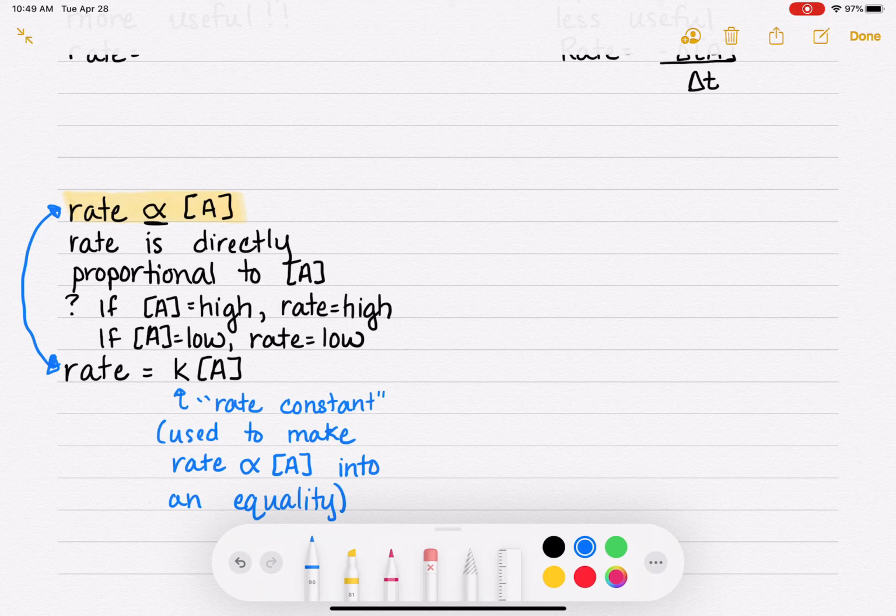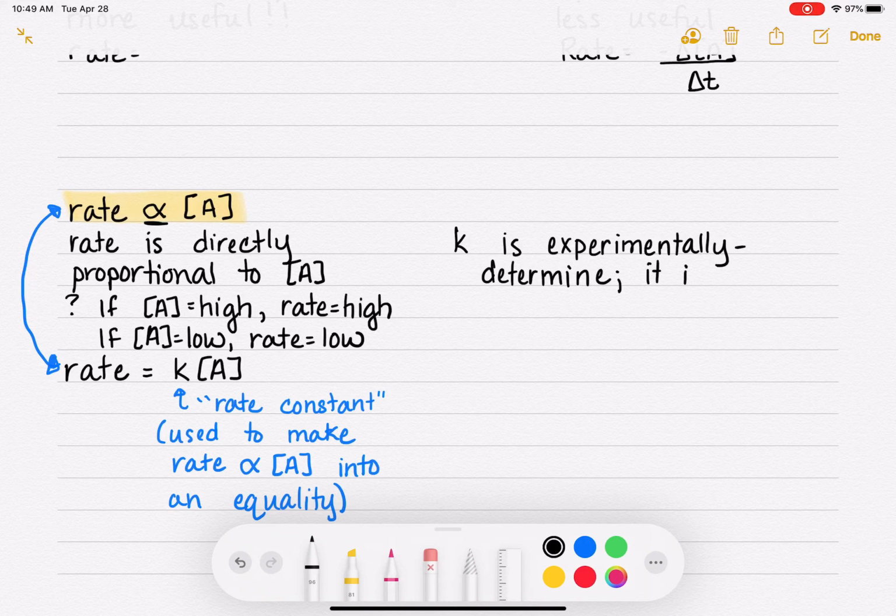The value of the rate constant k is experimentally determined, meaning that we just have to repeat a reaction over and over and over again, collect a lot of data, and come up with the value of k.